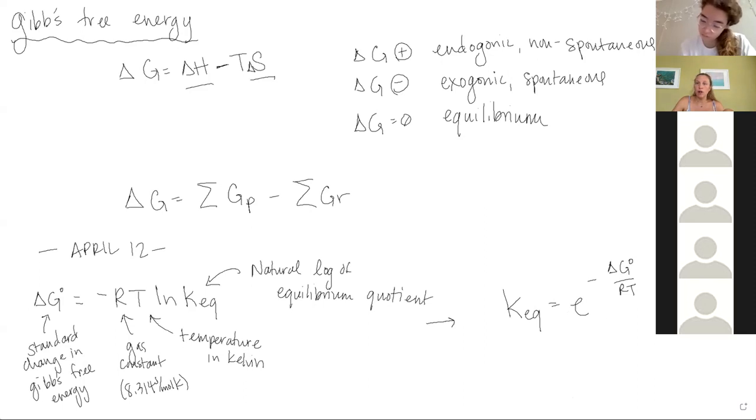And if you recall from the first day of lessons, KEQ is also this ratio of our products raised to their stoichiometric coefficients divided by the reactants raised to their stoichiometric coefficients at equilibrium. So these are concentrations at equilibrium.